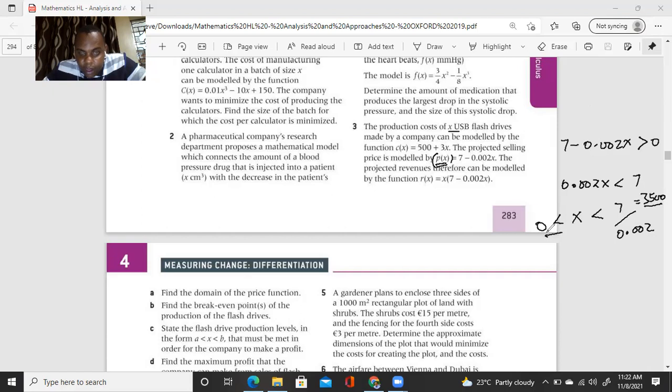B, find the break-even points of the production. What is a break-even point? Is it where the cost is the same as the price? Or where the revenue is 0?